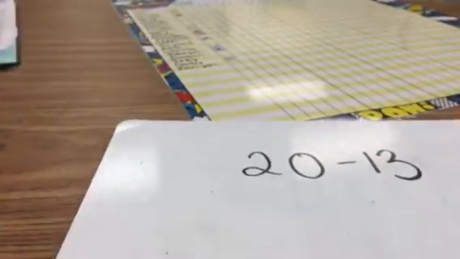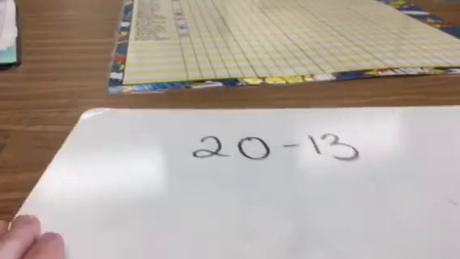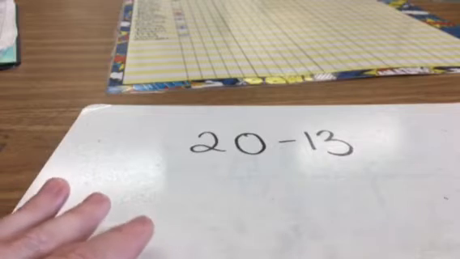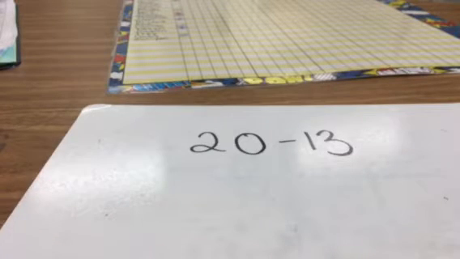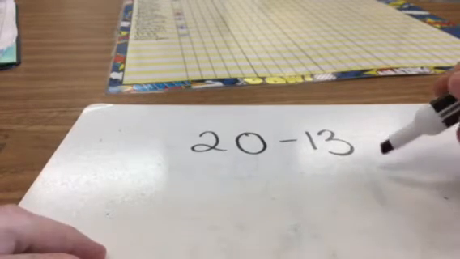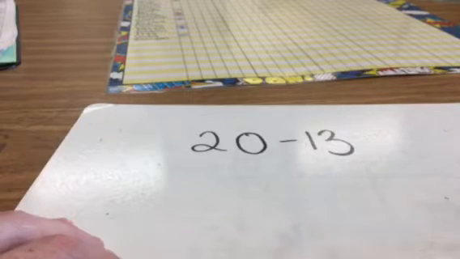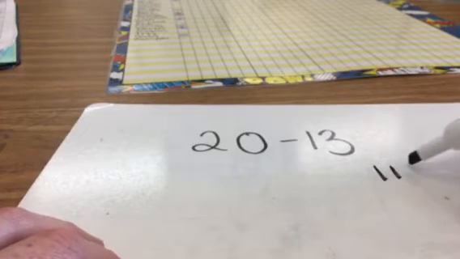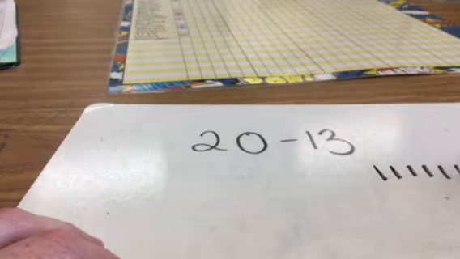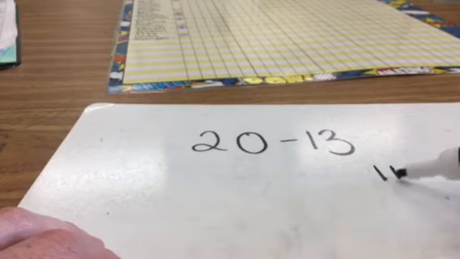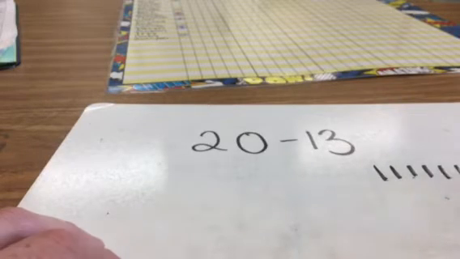So if I'm doing 20 minus 13, I could be thinking 13 plus what gives me 20? Or I could just do the counting up. 13, 14, 15, 16, 17, 18, 19, 20. 1, 2, 3, 4, 5, 6, 7.